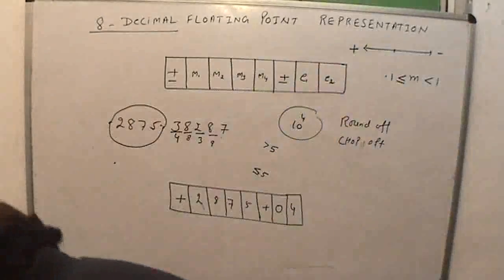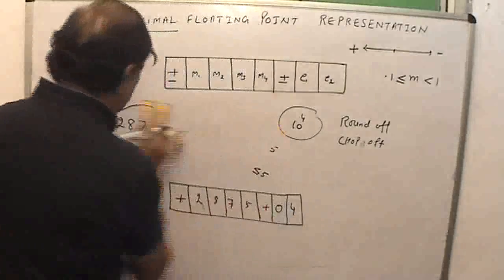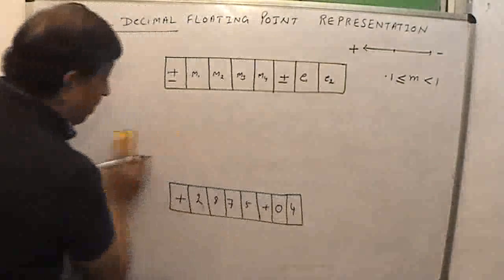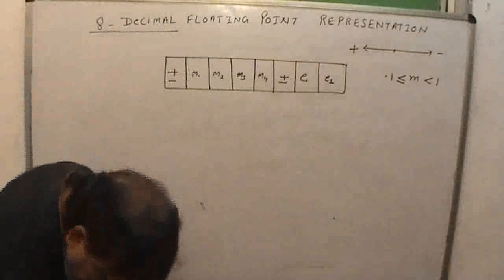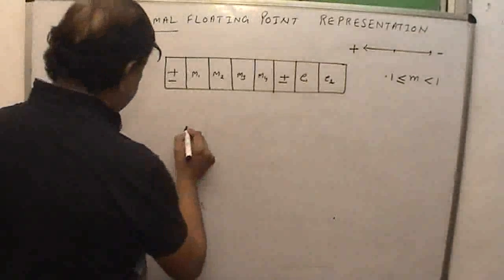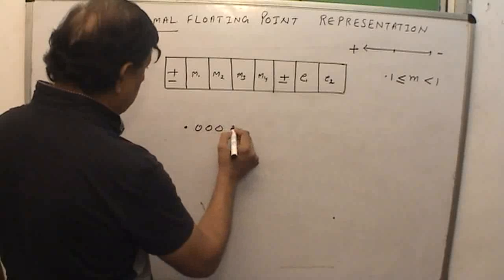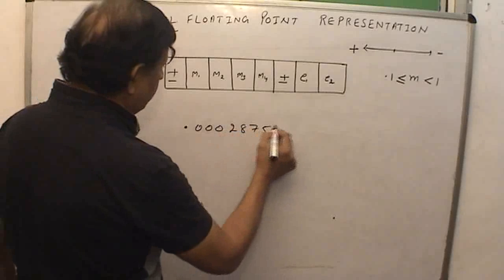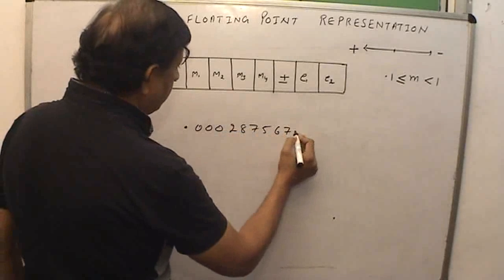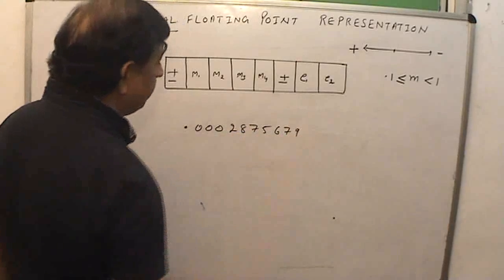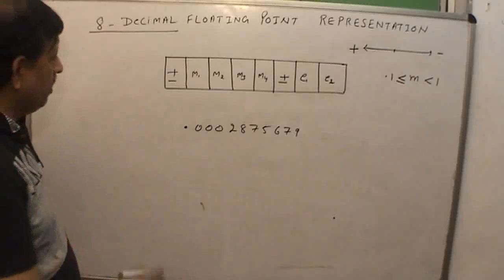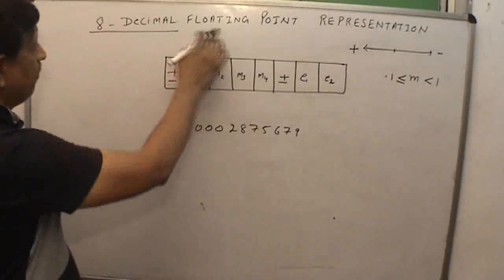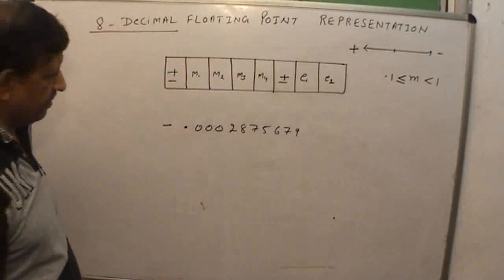Let us see one more example on this. Say it's 0.002875679. We want to represent it in the 8 decimal floating point representation.